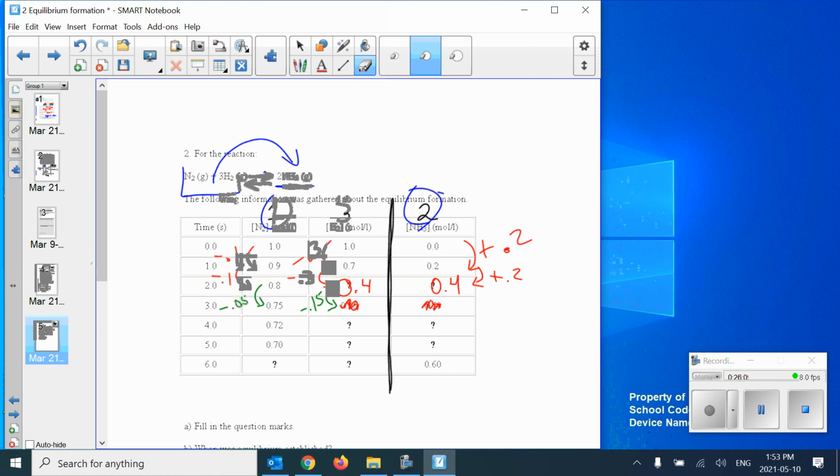When I look at this, 40 minus 15 is 25, right? And using that same reason, going down by 0.05 for the N2, twice as much of an increase. So 0.05 times 2 is decimal 1. So decimal 4 plus decimal 1 should give us decimal 5, and it does.